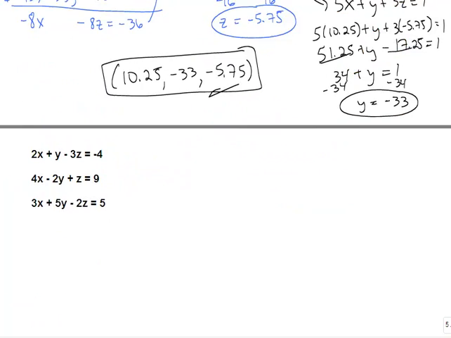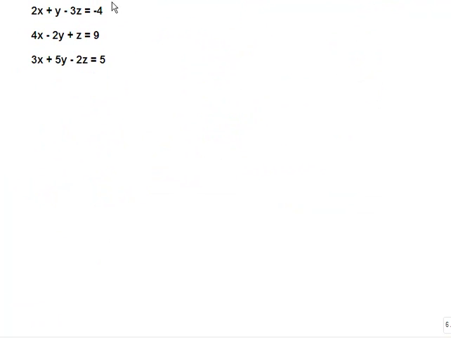All right, our last example. 3x3 system. Looking at my x's, my y's, and my z's, we want to pick one that looks fairly easy to get rid of. Let's say we want to eliminate z's.